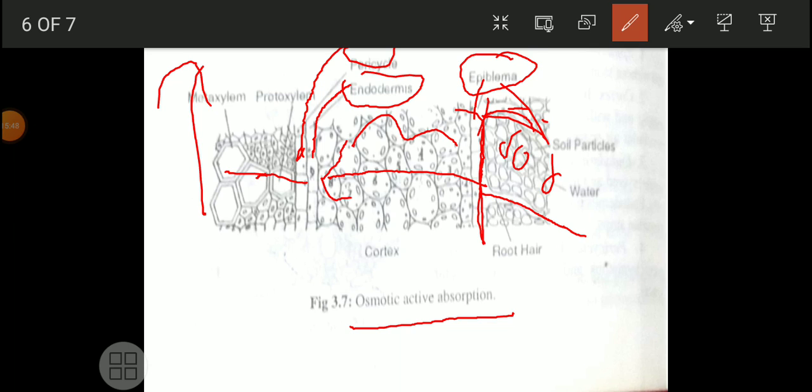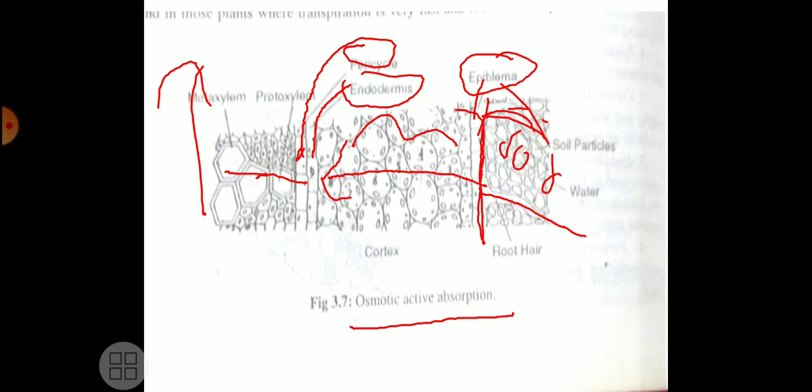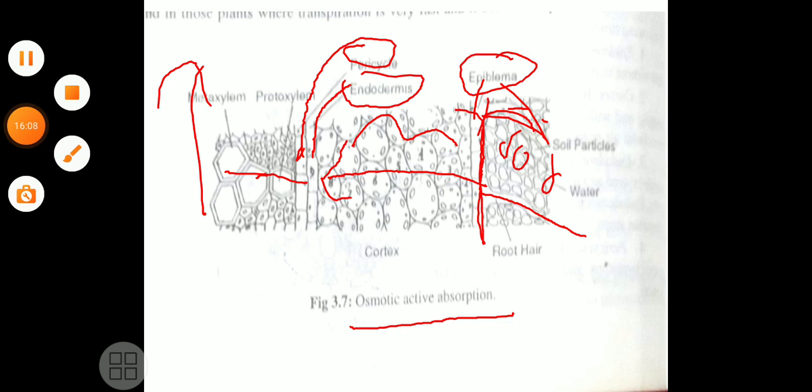So friends, what you have to do now, I will tell you. I have already given you an idea and shown the exact root, the various regions of the root. That diagram I have shown to you. Again this diagram, the osmotic active absorption diagram. So these two diagrams you will have to sketch properly.